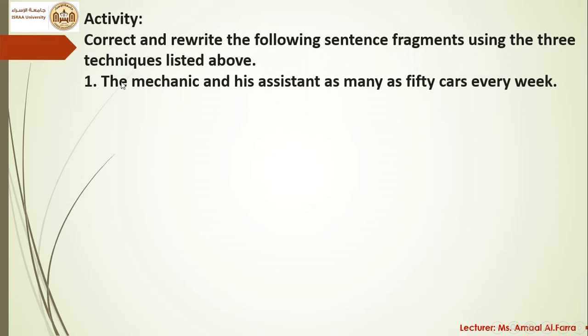Look at this activity. Correct and rewrite the following sentence fragments using the 3 techniques listed above. 3 techniques by adding what? By adding a subject if it misses a subject, by adding a verb if it misses a verb, by adding information if the meaning is insufficient. When I say the mechanic and his assistant as many as 50 cars every week, what happened? It doesn't have a full meaning. The basketball team need to what?